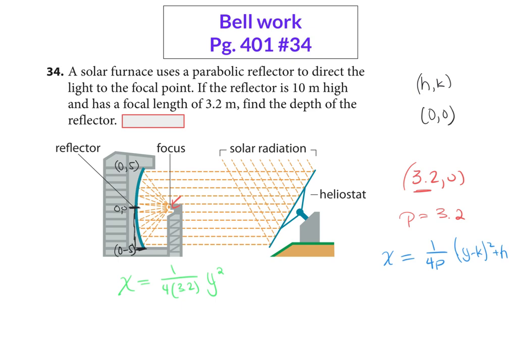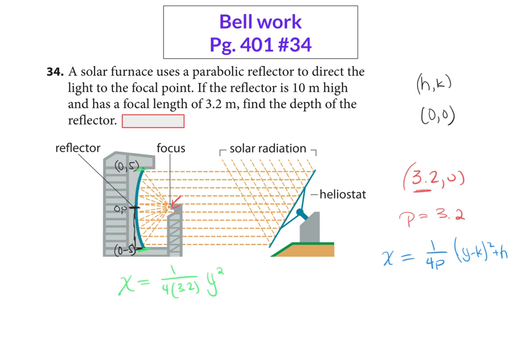They want me to tell them how high this gets. Well, think about this, this is flipped. Normally if I know my x, I plug it in and solve for y, but this is an x equals equation. I know my y, I can plug it in and solve for x. Either one of these will give me the same answer, whether I put in positive 5 or negative 5, because we're squaring it.